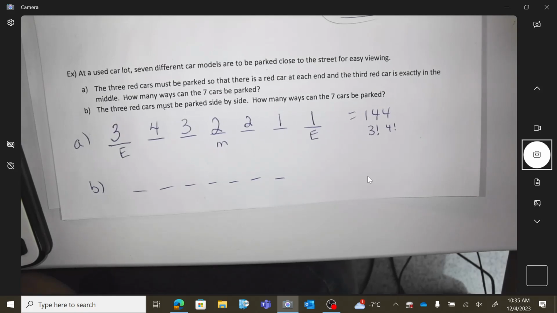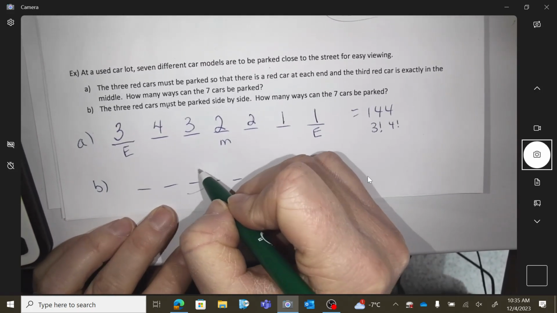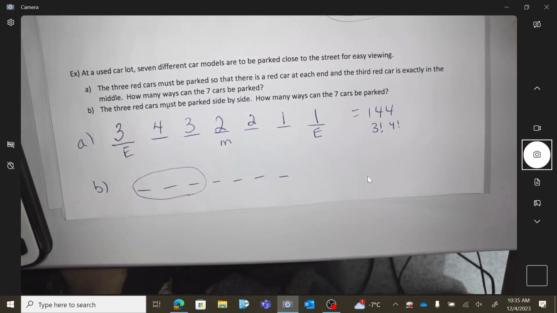Okay, question B. The 3 red cars now want to be grouped together. So the 3 red cars have to be placed all beside each other. So I'm gonna circle like that to say those 3 cars are sticking together. Okay, can you visualize this?